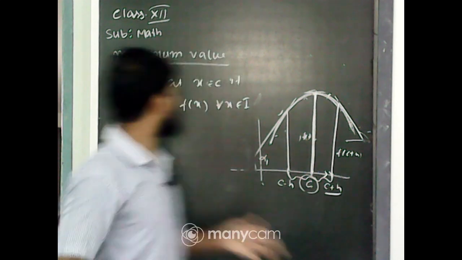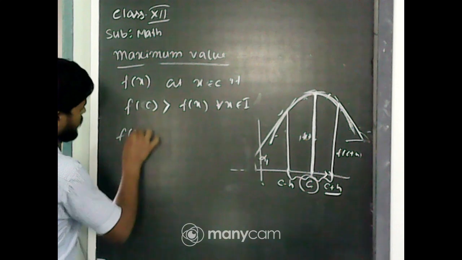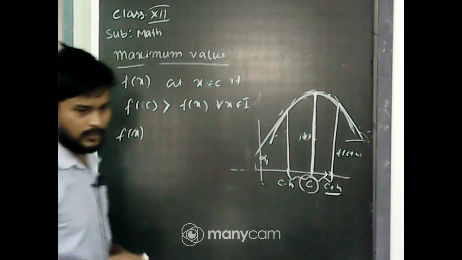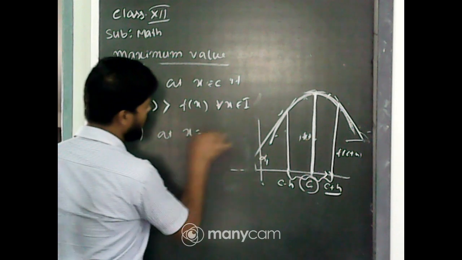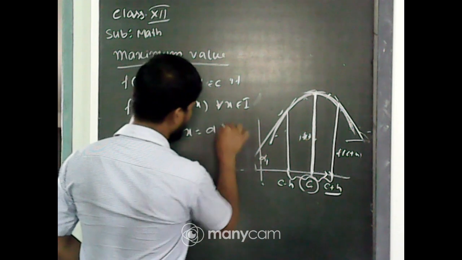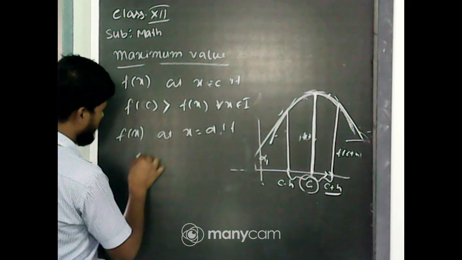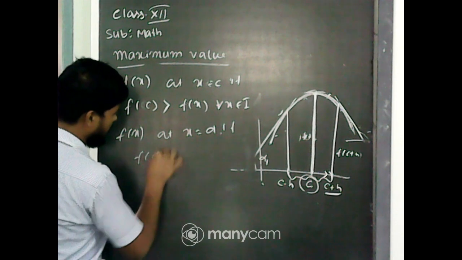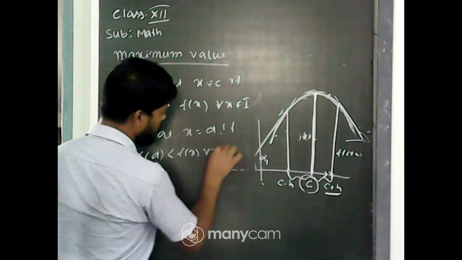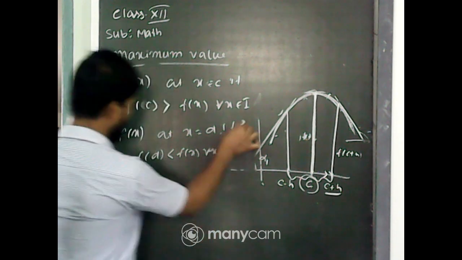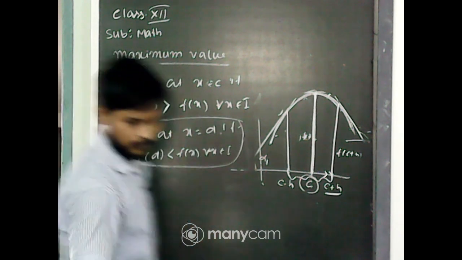Similarly, the function f of x is said to attain its minimum value at x equal to d if f of d is less than f of x for all x belonging to I. Okay, I am explaining this one first.